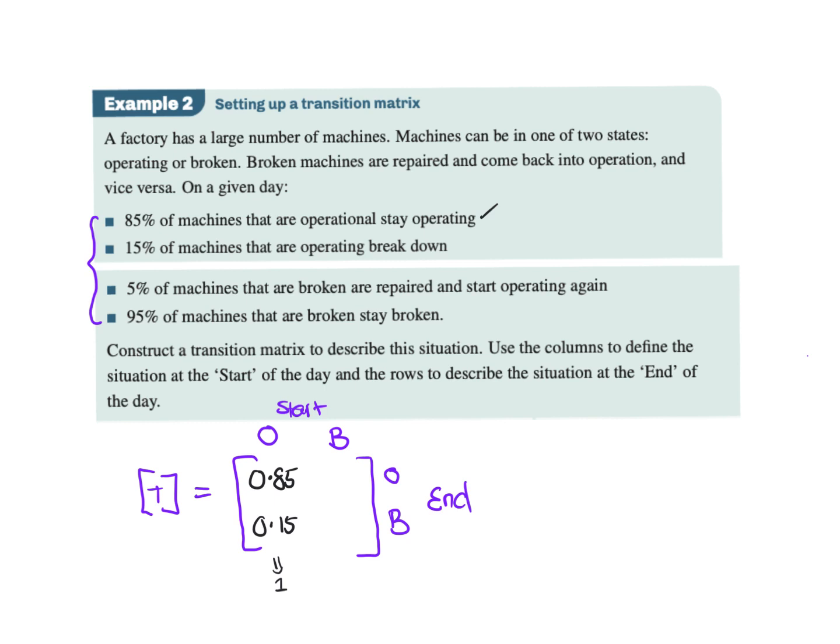You just need to put the transition matrix. Okay, it says 5% of the machines that are broken are repaired and start operating. So remember, it's 0.05. And then 95% that are broken remain broken. So there's a transition.